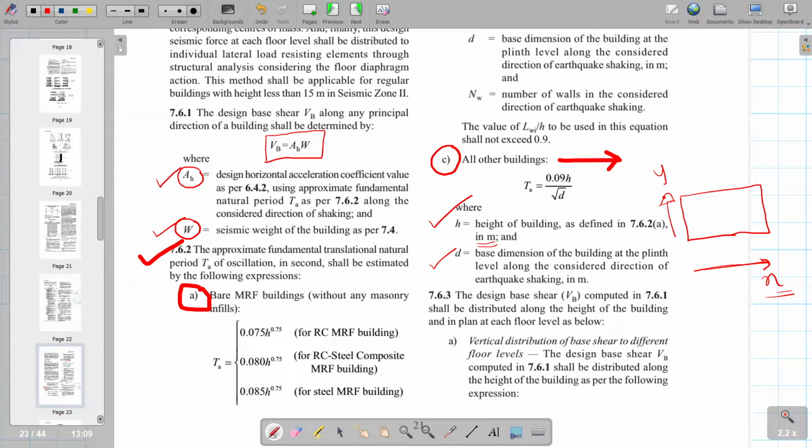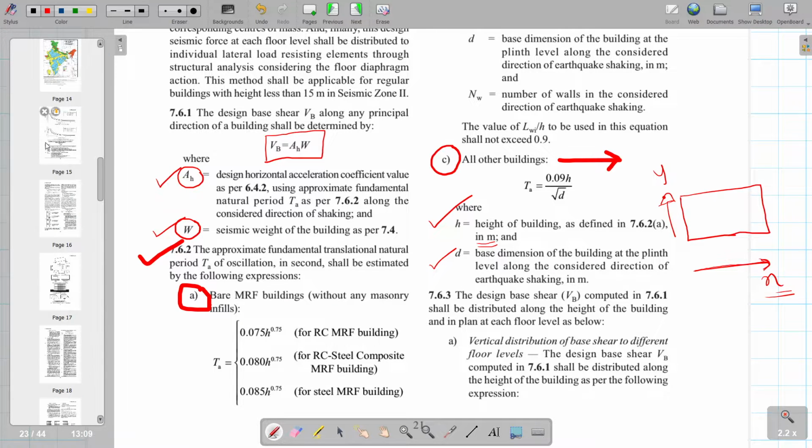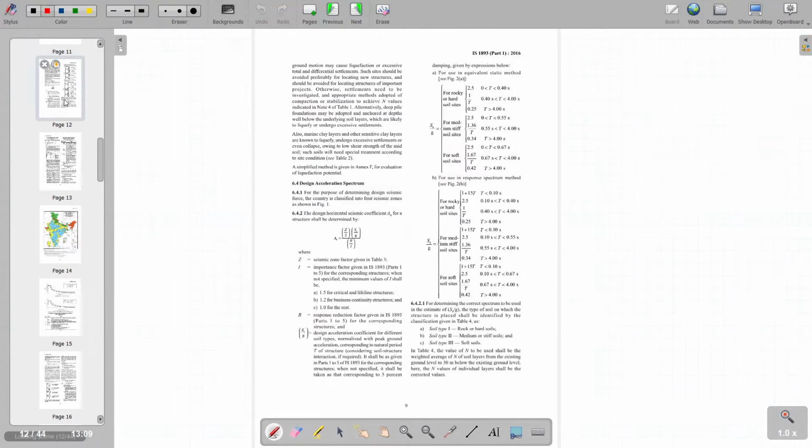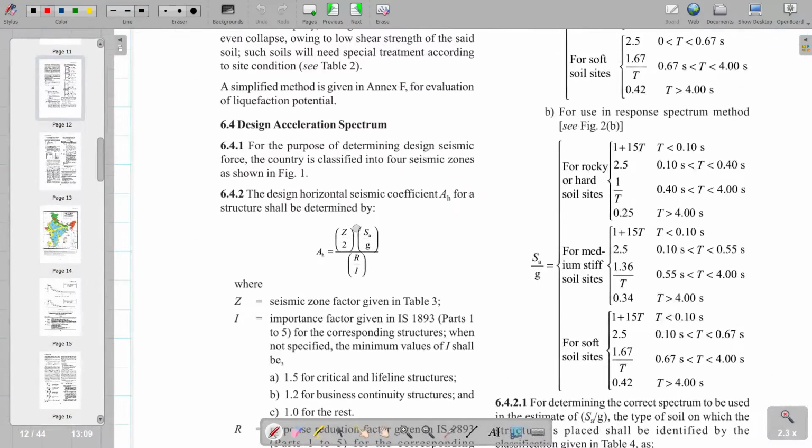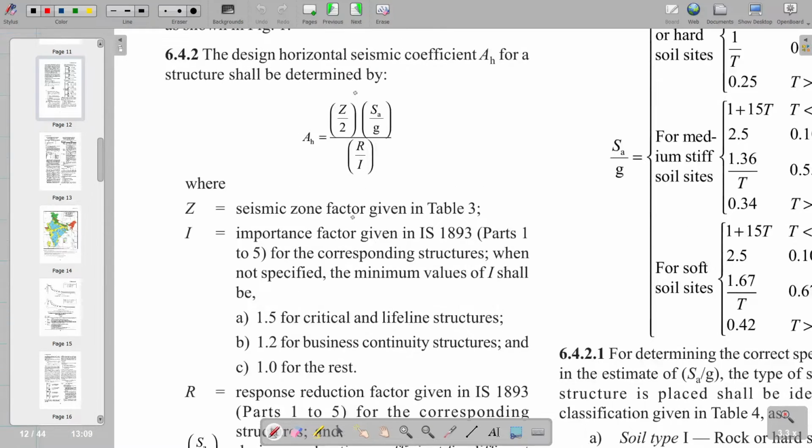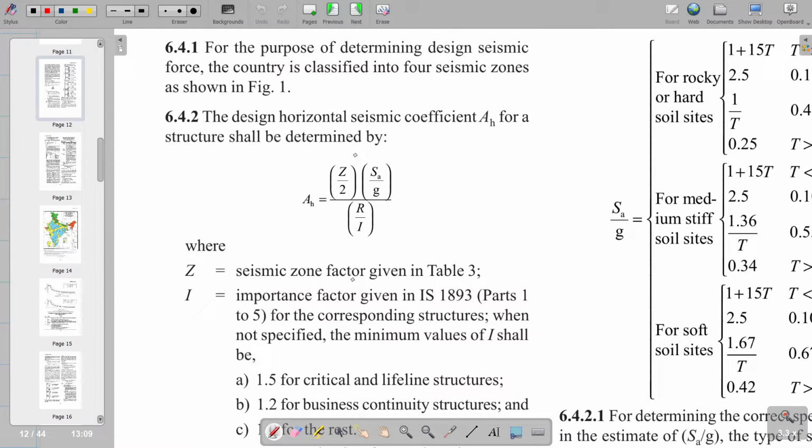So how to calculate AH? For that, you need to go here. I'll zoom it. So 6.4.2 is the clause.